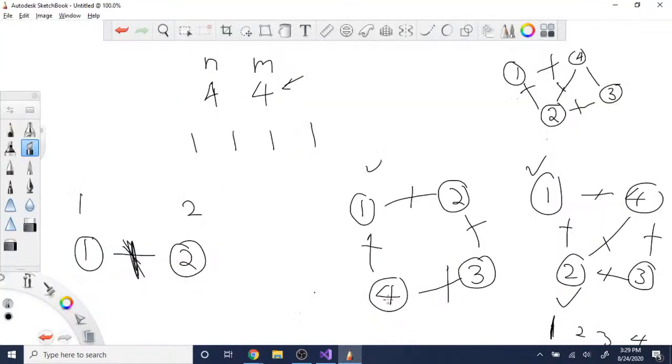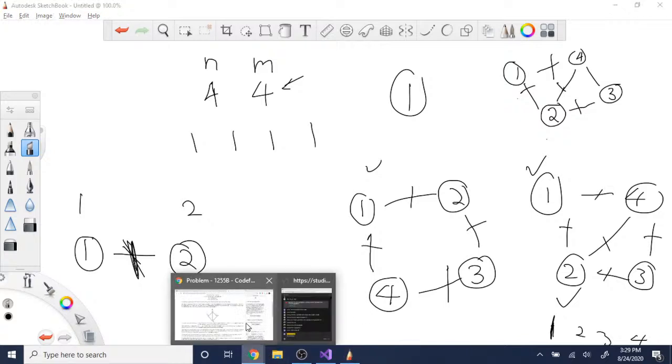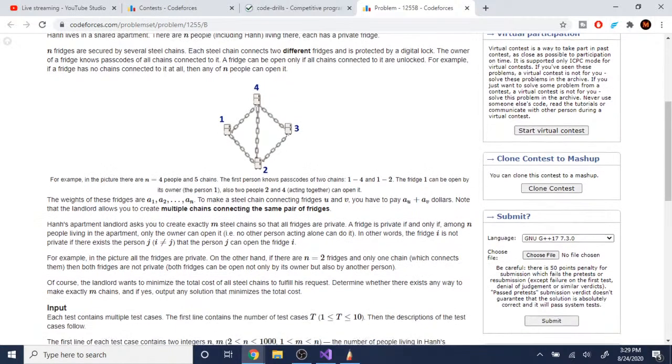Okay, so just from reading that, there's one thing we need to know. We cannot have just one fridge that has no chains, because that means anyone can open it, right? It's not locked, right? And that's bad. So we can't have just one free fridge without any chains.